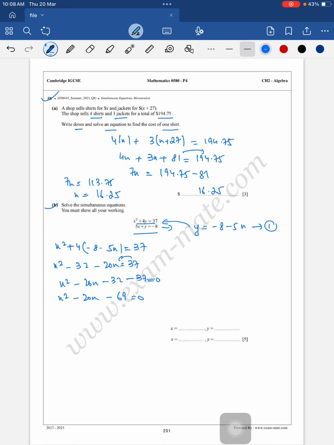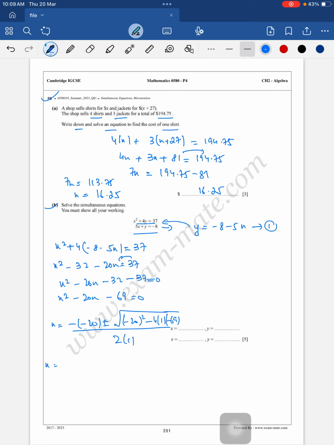Applying the quadratic formula over here, x is equal to minus b, which is minus (minus 20), plus minus the square root of b squared, which is minus 20 squared, minus 4ac, where a is 1 and c is minus 69, upon 2a.